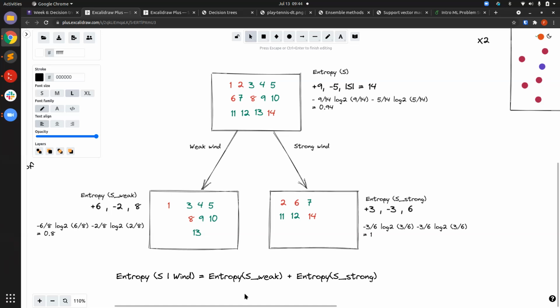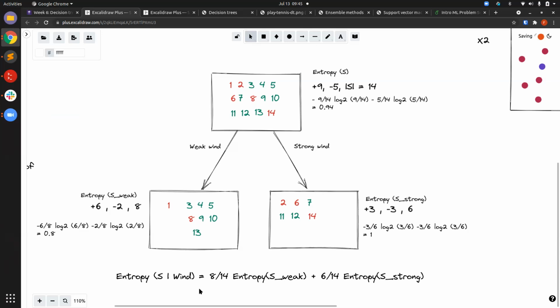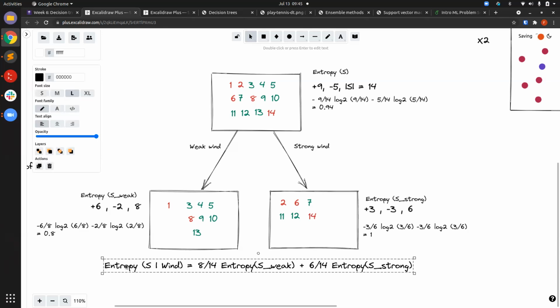The factor is how many of the total samples get classified in the weak versus strong part. So I have 8 out of 14 in the weak branch and 6 out of 14 in the strong branch. This quantity is going to be the entropy of S given wind. And this will actually come out to 0.89.